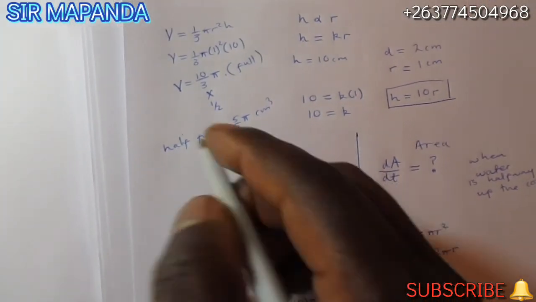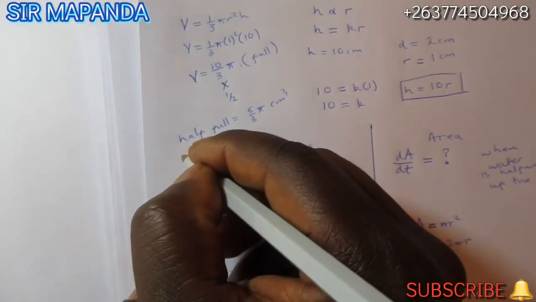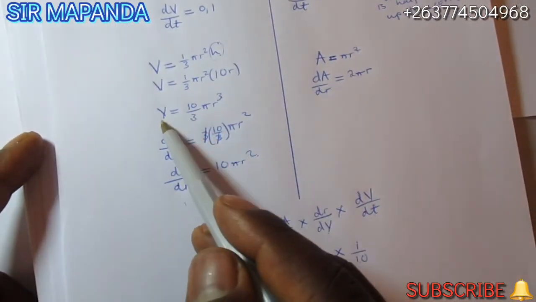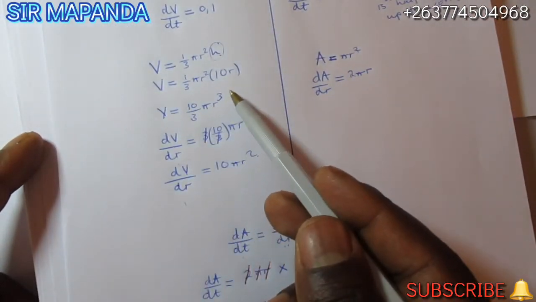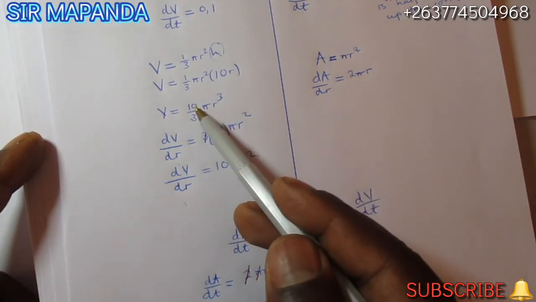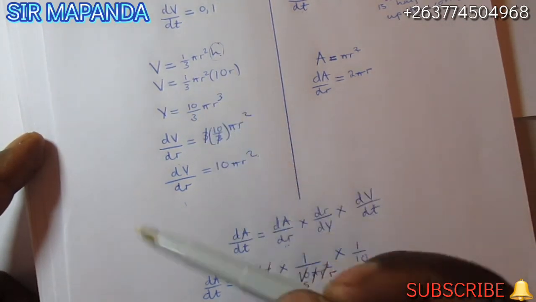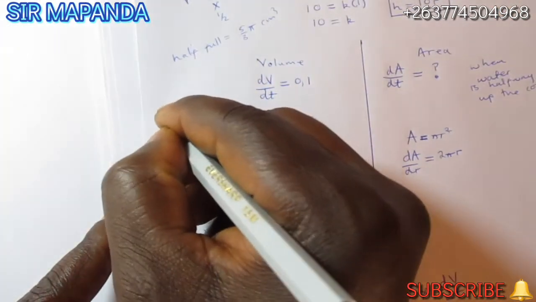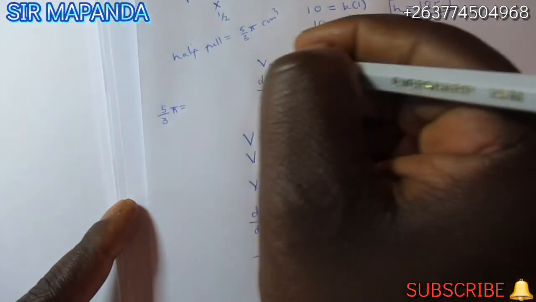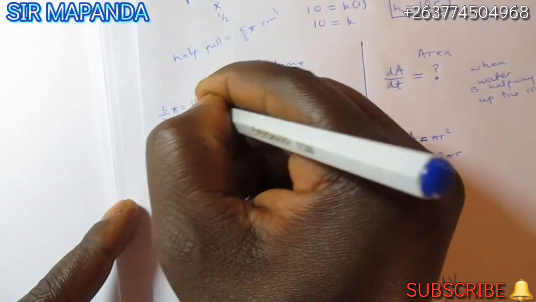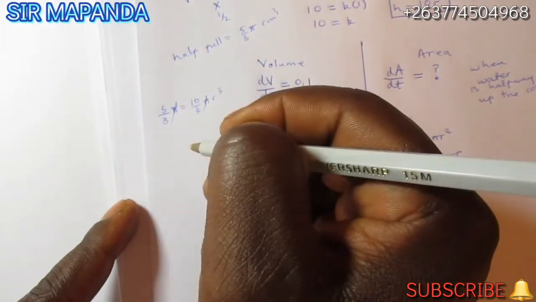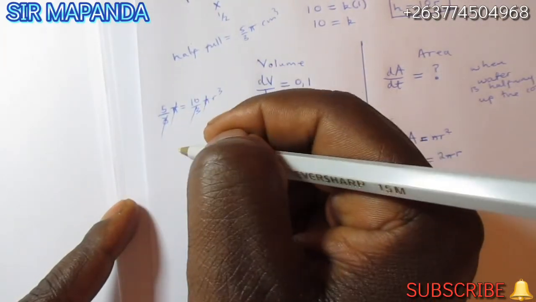Then to find the radius, you need to go back to the left side where we replaced h with 10r. We got V is equal to 10 over 3 pi r cubed. So you say 5 over 3 pi is equal to 10 over 3 pi r cubed. You can clearly notice that pi and pi cancel off each other, 3 and 3 cancel off each other.